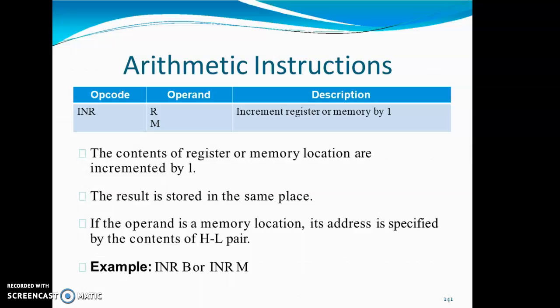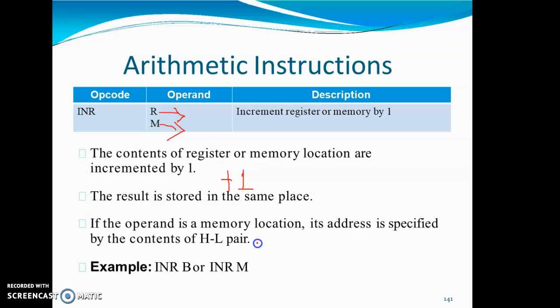INR R and INR M mean the register is incremented by plus 1. Either the data stored in the register will be incremented by 1 or the data stored in the particular memory location is incremented by 1.